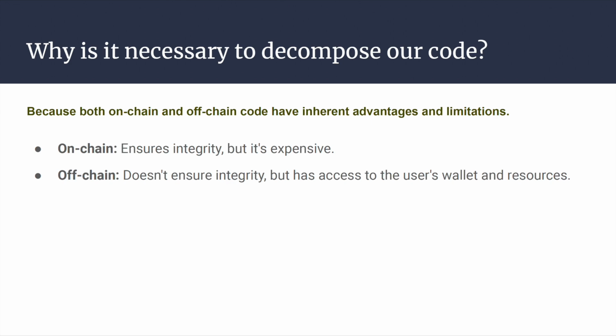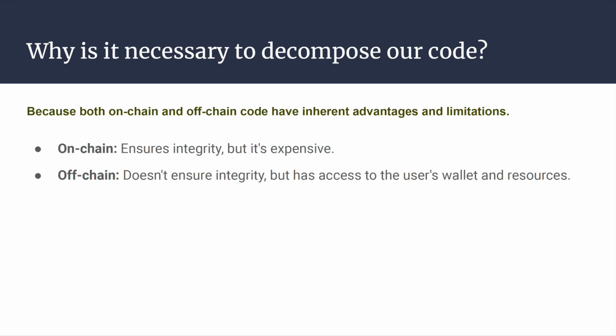Okay, so why is it a good idea to decompose the code like this? Why was this choice made in Cardano? So when we think about on-chain code, we really want it to be somewhat minimal, because it's expensive to run code on a blockchain, because it might potentially have to be run by many nodes to reach consensus on the chain.